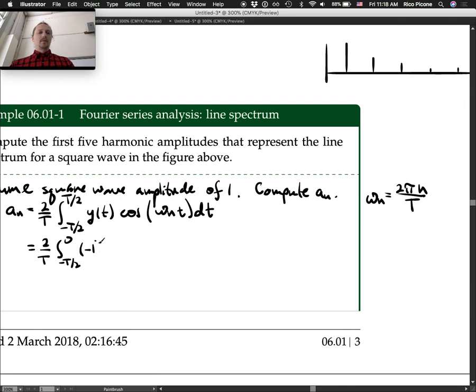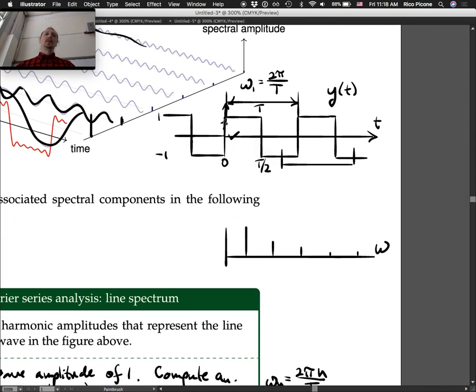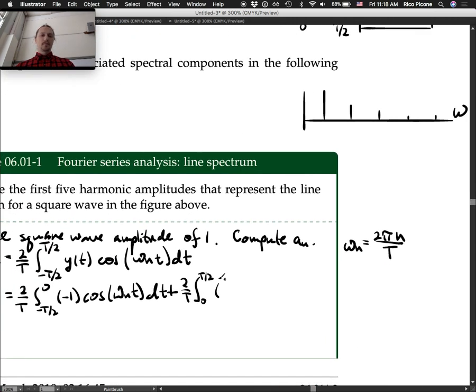So negative 1, and cosine of omega n t dt, plus 2 over T times the integral from 0 to T over 2 times, what is y of t during the interval from 0 to T over 2? 1. Cosine omega n t dt.